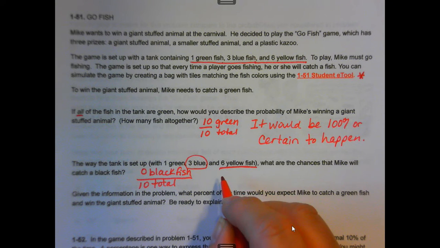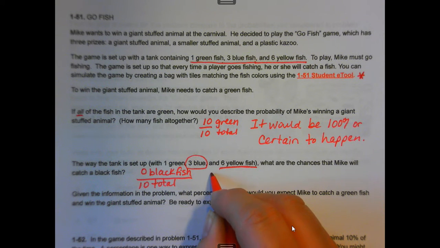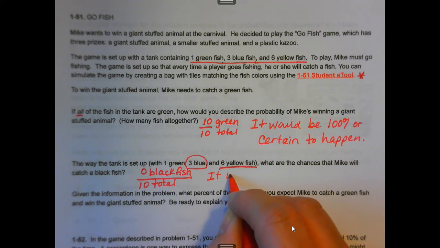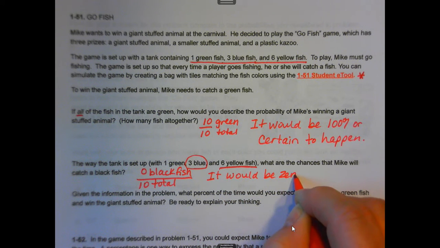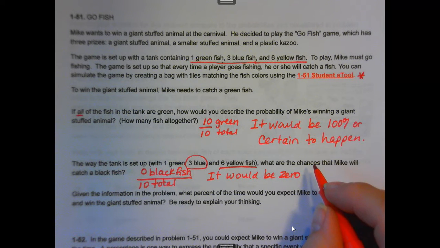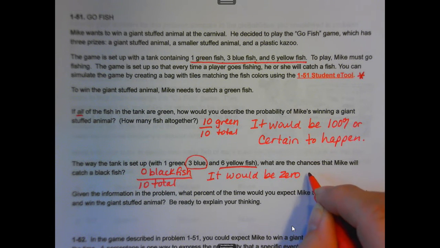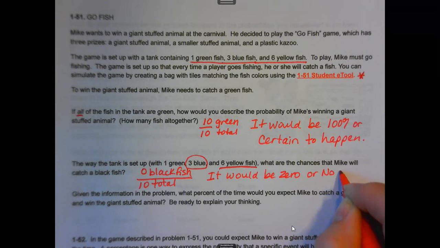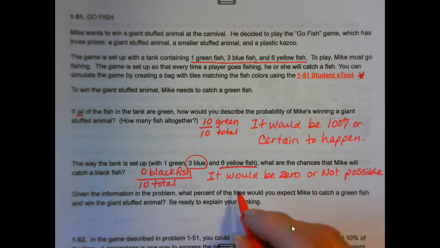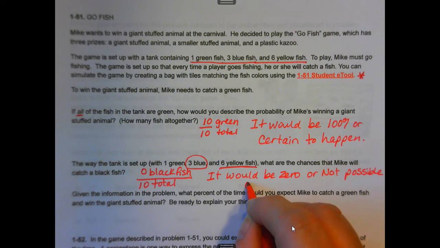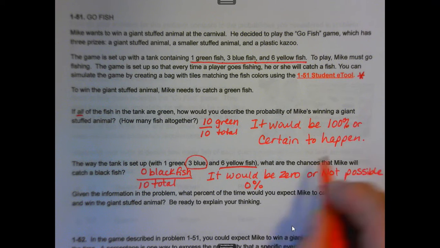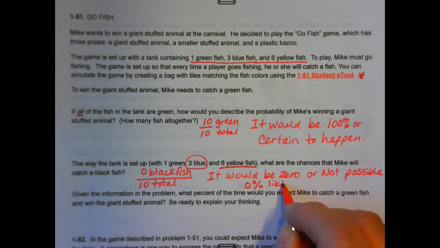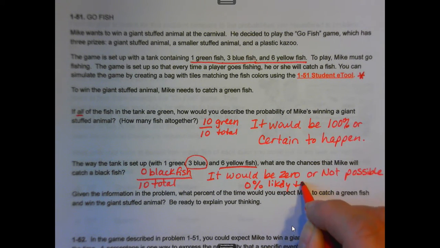So my probability actually would be 0, or not possible, which would be, if I want to write it as a percent, 0% likely to happen.